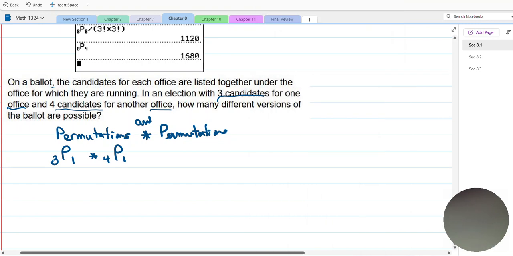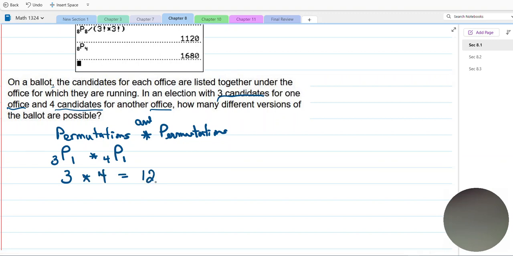And sure enough, so this is going to be a 3 times a 4, 12 ways, for this action. All right. Now I need you to have written some notes and work things out carefully to understand everything we've done. And look at the notes if you need to. Do your homework.